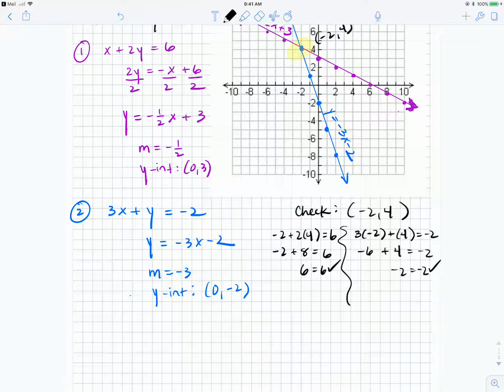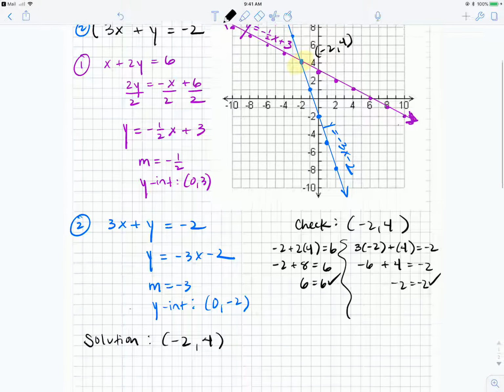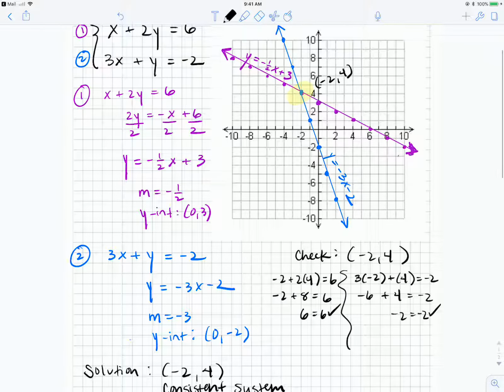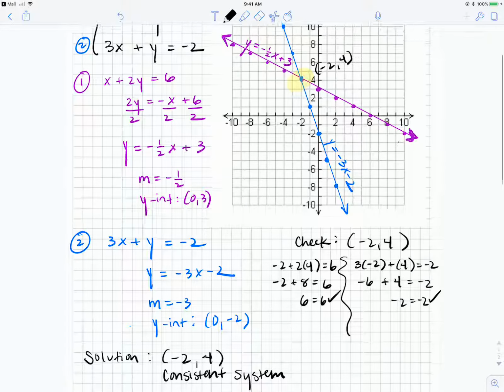So our solution to this system is -2, 4, and we would say that because we have exactly one solution to this system, it is a consistent system. Okay, so a consistent system with the solution being -2, 4.